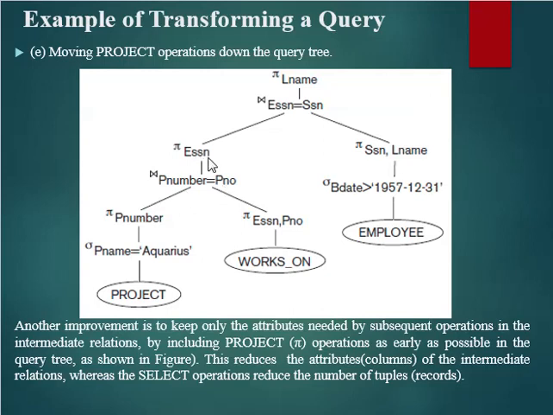So we require only ESSN for getting this join operation. And after doing this operation we only require LNAME, so we have to do project LNAME.